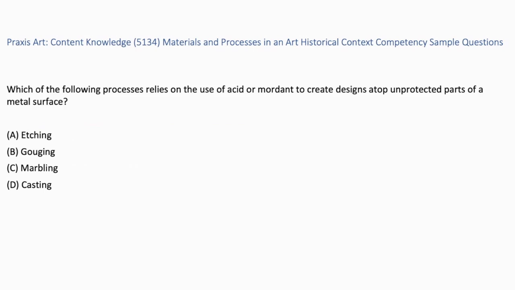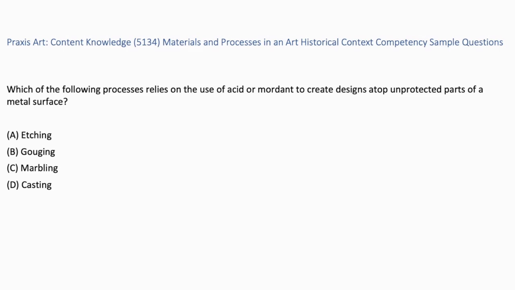Which of the following processes relies on the use of acid or mordant to create designs atop unprotected parts of a metal surface? A, etching; B, gouging; C, marbling; or D, casting. B, this is a manual carving technique, not a chemical process. C, marbling creates patterns on paper or fabric, not metal.